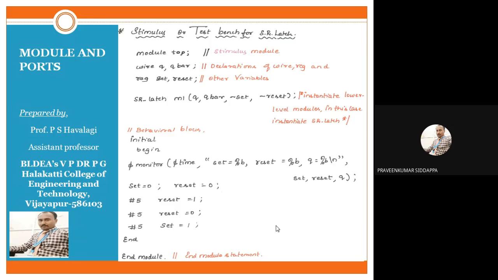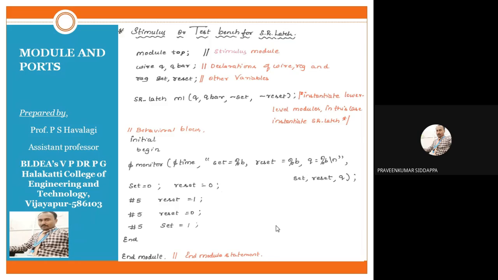Okay, which one should be the third combination? One. What is that? The third combination is: after 5 time units, reset stays the same, one only.